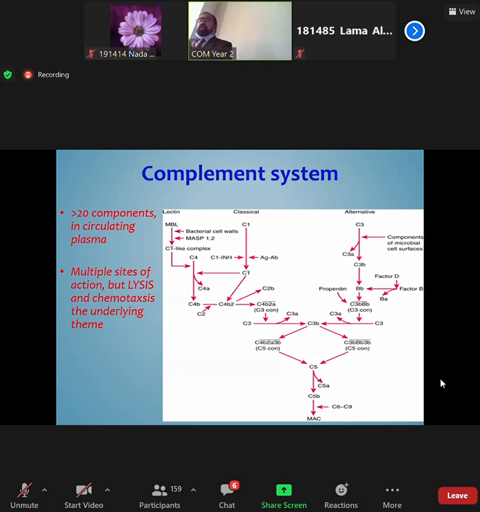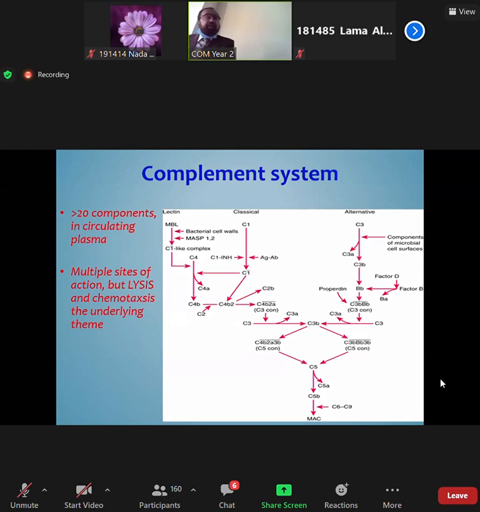So this C3 is converted into C3a and C3b by the action of which enzyme? Convertase, right? So this C3 convertase changes this C3 into C3a and C3b. Now C3a goes out and attaches to the neutrophil or whatever, and it attaches with the mast cells and causes degranulation.